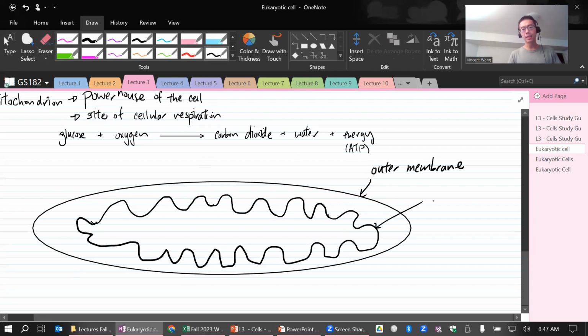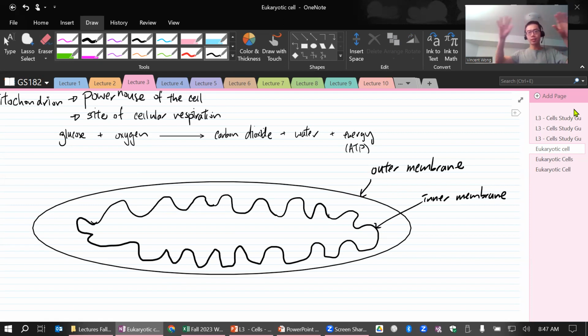So that's the inner membrane. The outer membrane is kind of smooth. I'll slow down a little bit. The outer membrane is smooth. And on the inside, the inner membrane is folded up, kind of like an accordion, right? We call them finger-like projections.